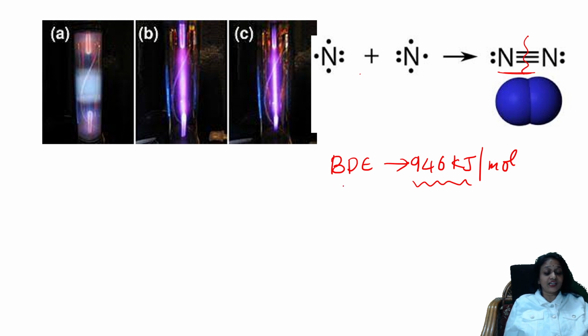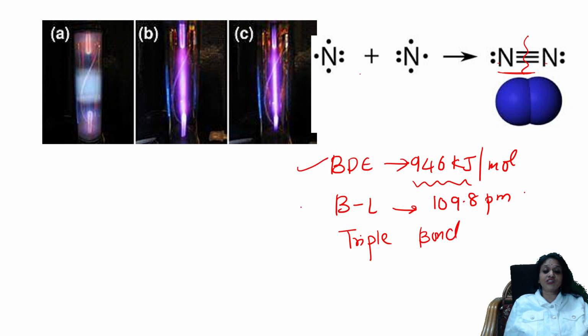And the bond length between them is 109.8 picometer. The bond is very strong. It is a triple bond, bond dissociation energy is high, and bond length is short. That's why nitrogen is unreactive at room temperature.